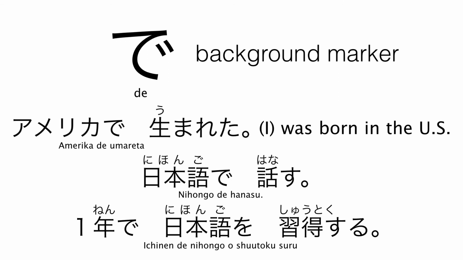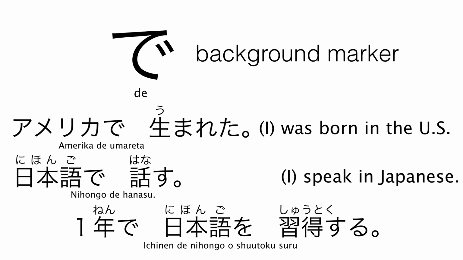So 日本語 is not the object you speak. This sentence doesn't have any direct object, therefore it's unclear what topic specifically I talk about, but I talk about something using the Japanese language. 日本語 is a tool of your communication, not the object. So 日本語で話す means I speak in Japanese.